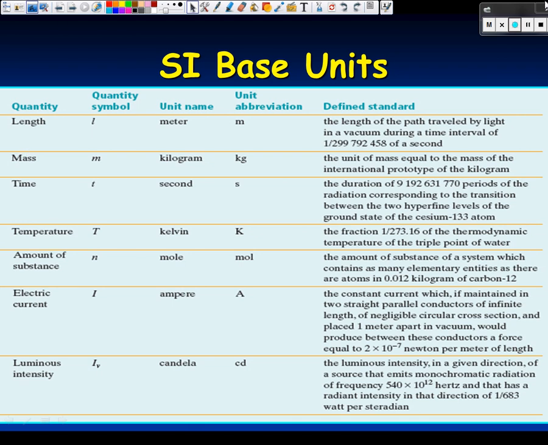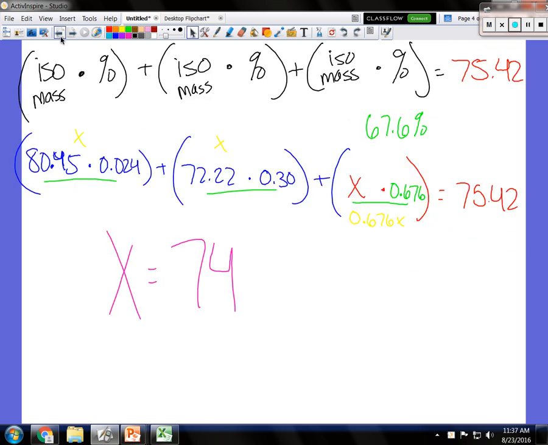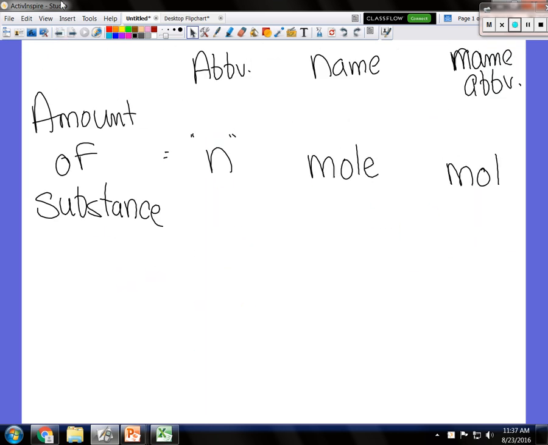Here's what I need you guys to write. This right here. Actually, I'm going to change this. Okay, so an amount of substance, that's what we're measuring.